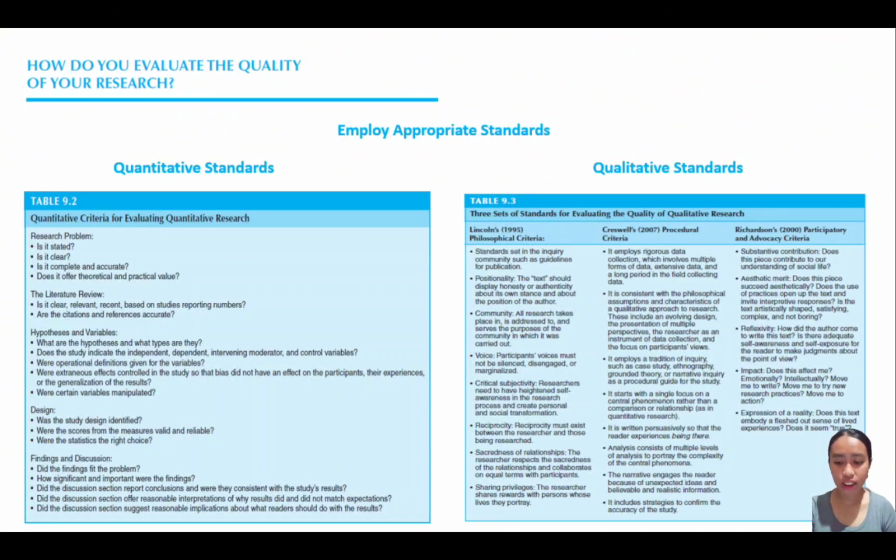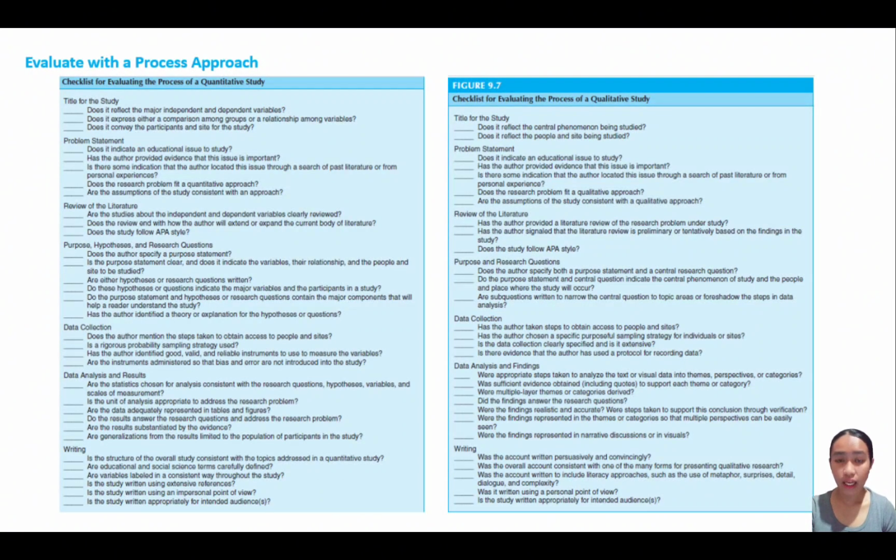The figures 9.6 and 9.7 provide criteria related to the 6 steps of research. So these lists enable you to assess the quality of your own study or evaluate the quality of a research report.